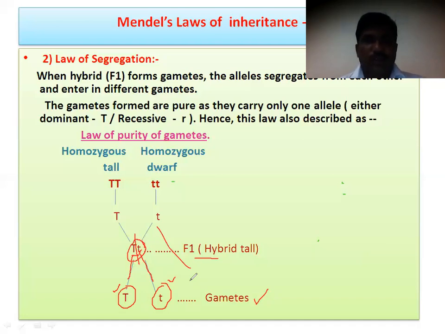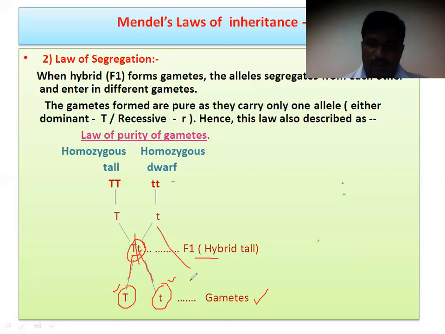The questions asked on this law are: explain or justify that the law of segregation is also known as the law of purity of gametes; or explain the law of segregation with a suitable example; or state the law of segregation.